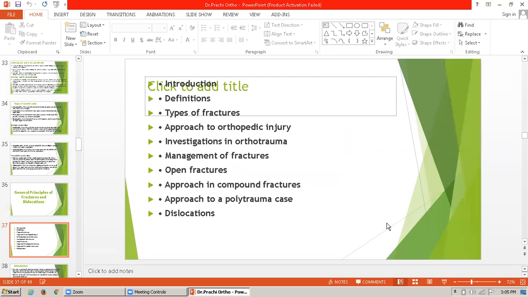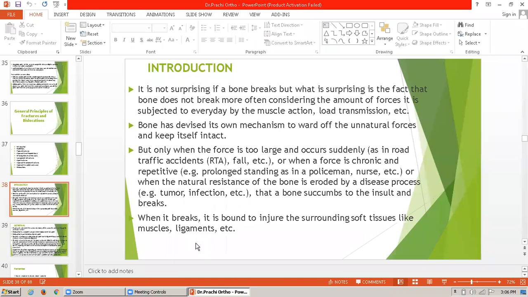In that, we learned about its introduction, definition, types of fractures, approach to orthopedic injury, investigation of orthotrauma, management of fractures, open fractures, approach to compound fractures, and approach to a polytrauma case and dislocation.